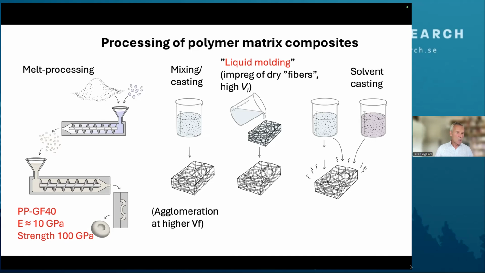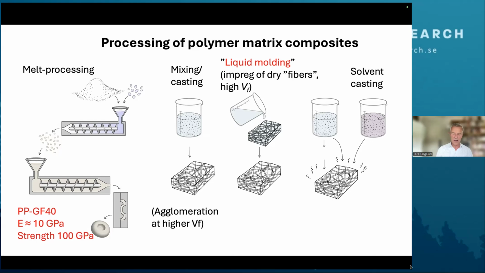And you can see our reference there, polypropylene, 40% by weight of glass fibers. It has a typical modulus of 10 gigapascal and the strength not of 100 gigapascal, but megapascal should be the accurate number there. Then you see in the next column, mixing casting is a possibility.